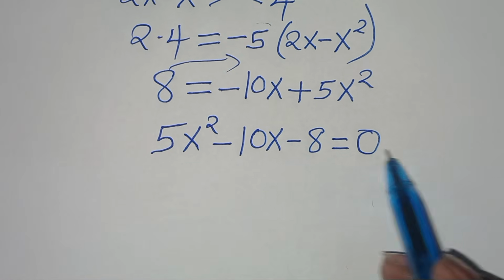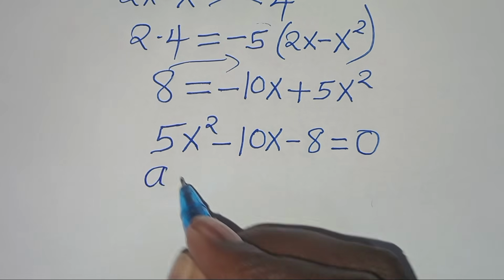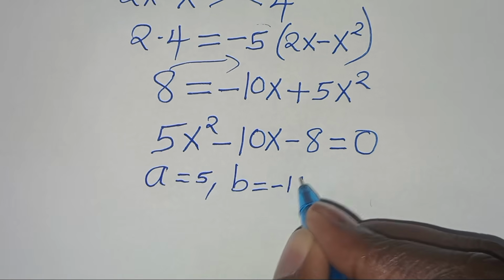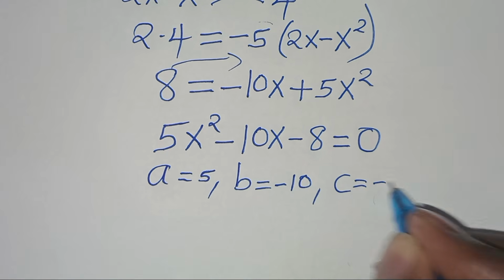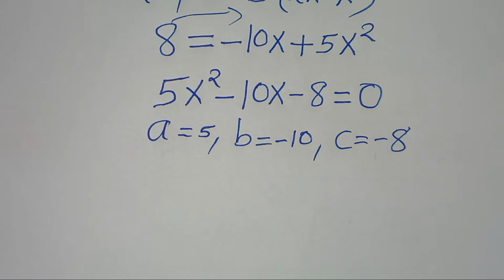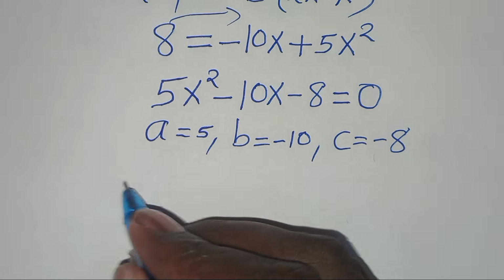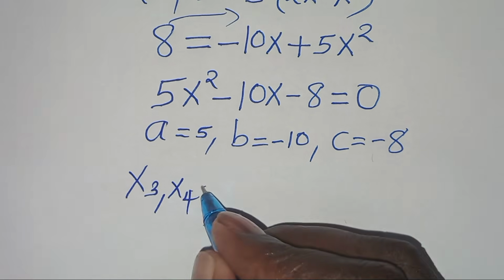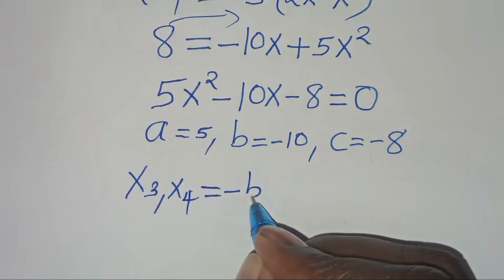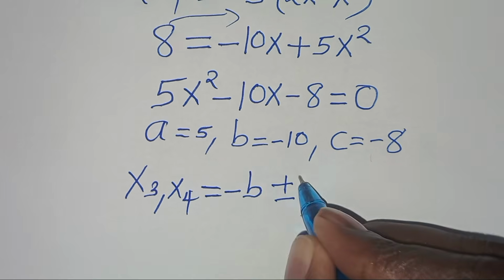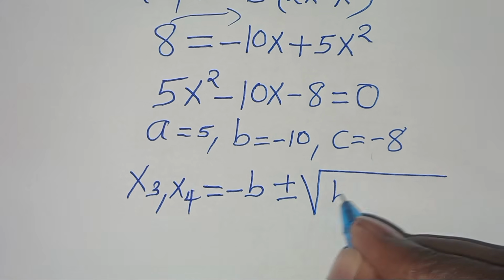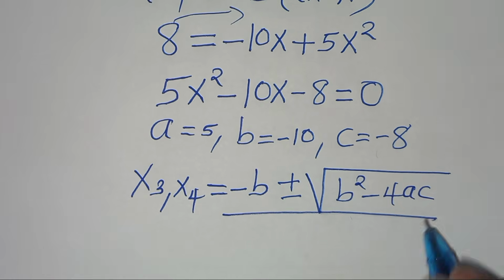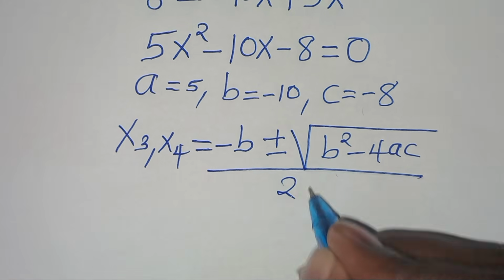So this is the quadratic equation where we have a is equal to 5, b is equal to negative 10, and c is equal to negative 8. So we can solve for x3, x4 by applying the quadratic formula here, which is minus b plus or minus the square root of b squared subtract 4ac, divided by 2 times a.